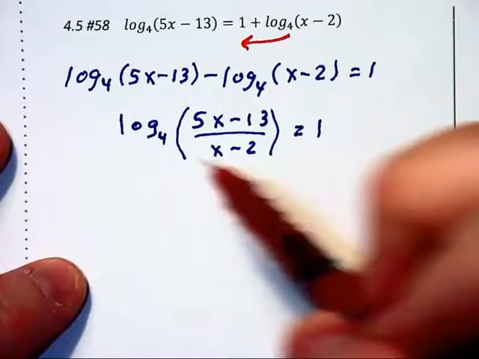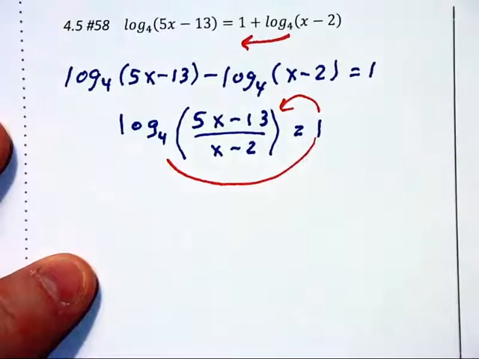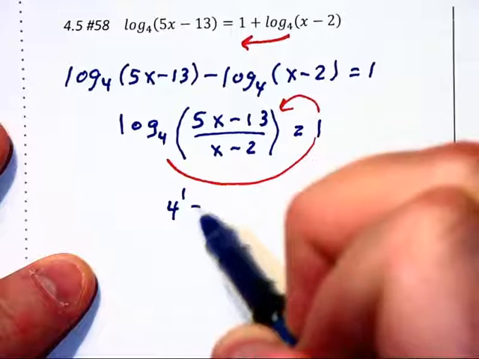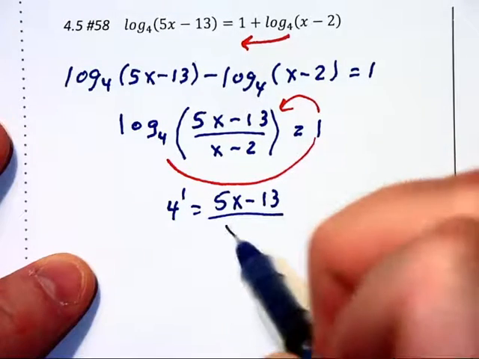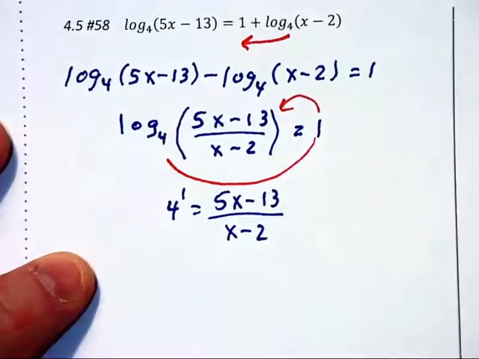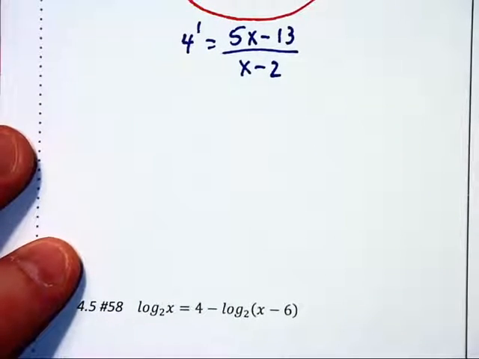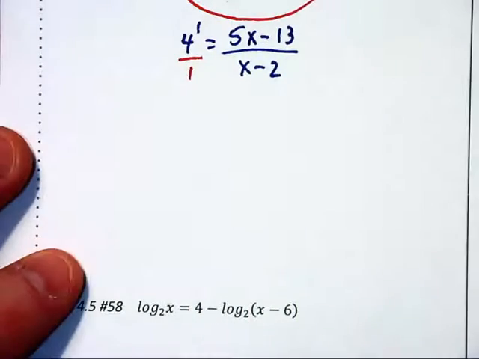Now we can change this to an exponential equation using that property here. We're going to have 4 to the first equals 5x minus 13 over x minus 2, which is now something we can solve fairly easily. Write this as 4 over 1 and cross multiply.